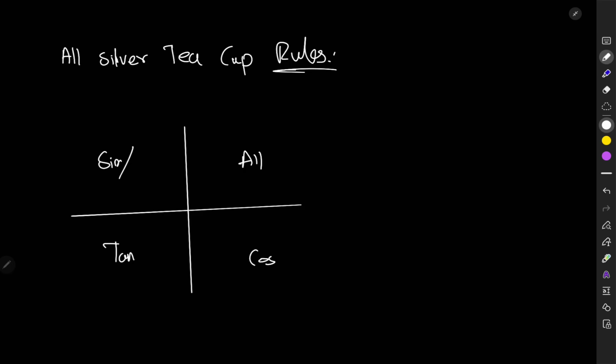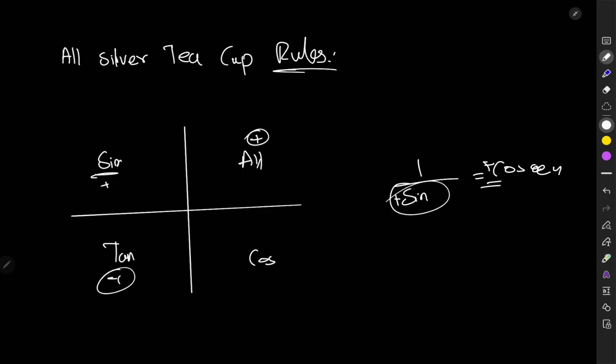So what I'm coming to tell is, in the first quadrant, if there is an angle, all the trigonometric ratios will be positive. Here sin and cosec will be positive because cosec is just 1 by sin, right? So if sin is positive, cosec also will be positive. I hope you understand. So similar to that, tan will be positive in this quadrant and cos will be positive in this quadrant. Simple as it is. Fine.